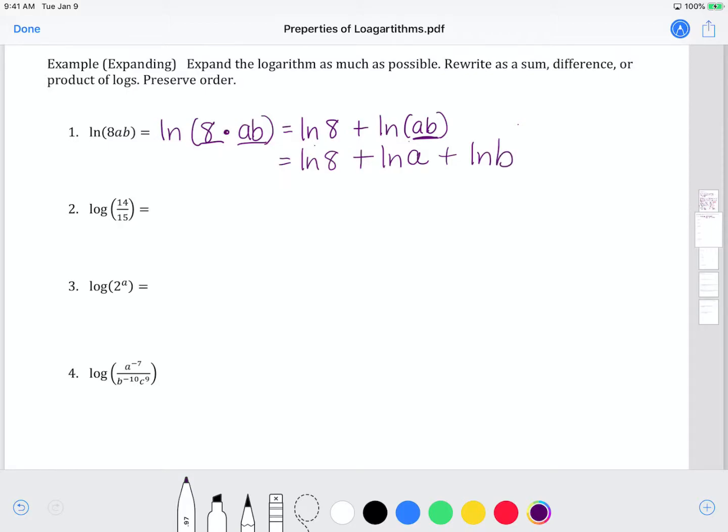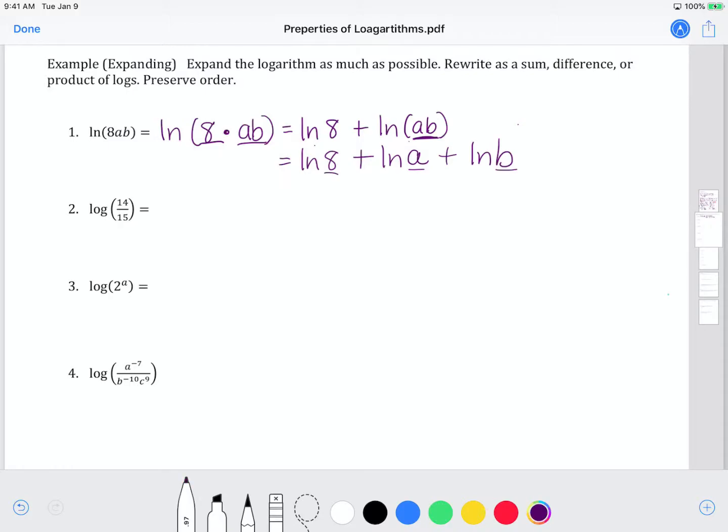So now this is completely expanded, and I can tell because with each log I only have one factor. I also don't have any exponents up here that I would have to bring down in front. If I had 8 squared or a squared or b squared, then I would have to continue to expand it.